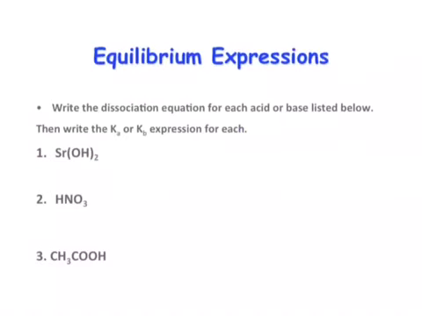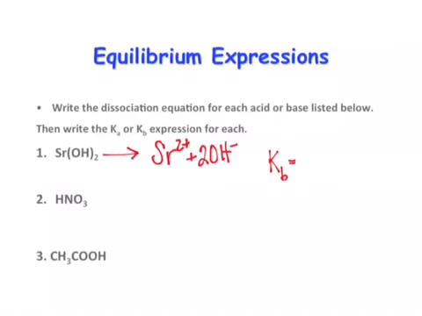Sr(OH)2. First of all, it breaks up into 2 things. Sr 2 plus, and hydroxide. Okay? And we need to balance this. So I put a 2 there. Now I need to write this expression. So first of all, is this an acid or a base? OH is a base. So we're going to call this Kb for base.